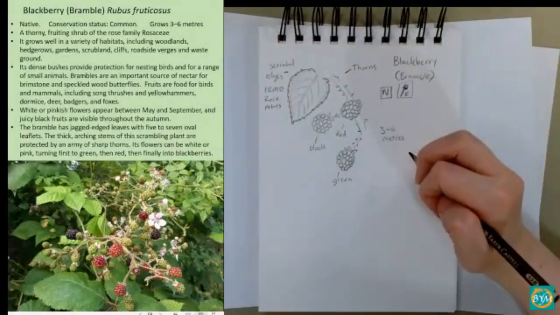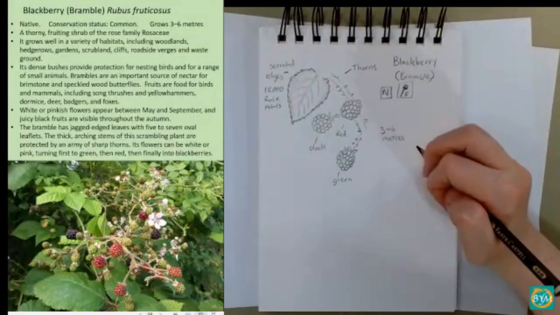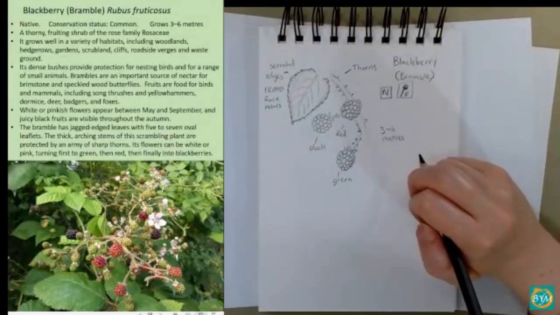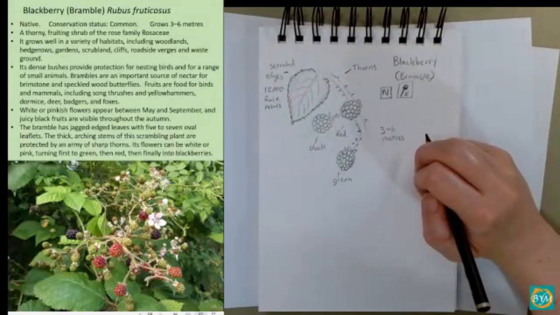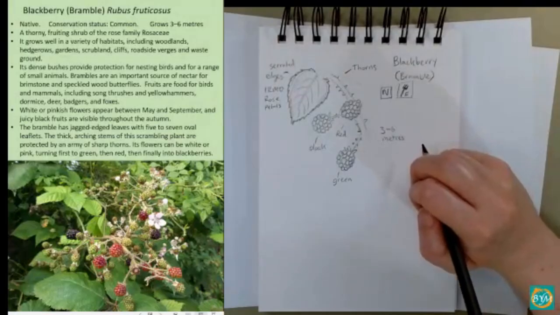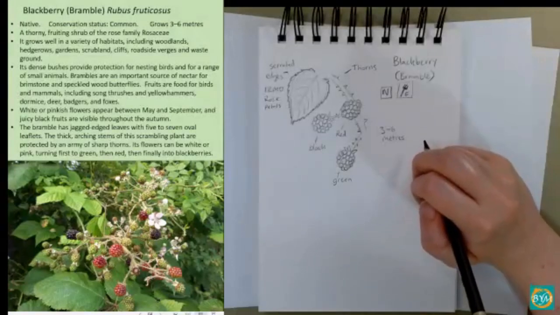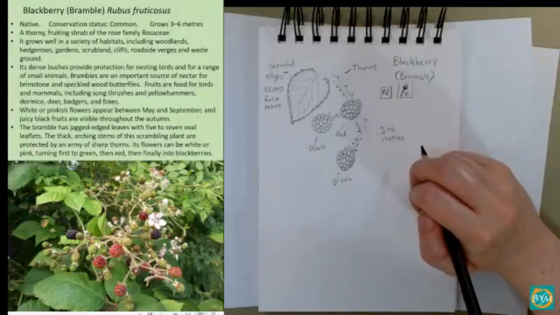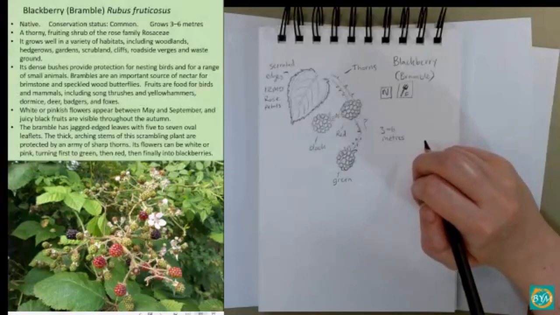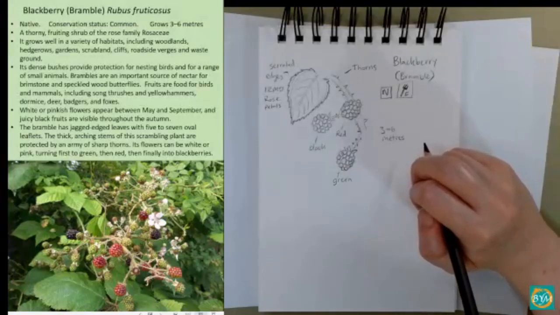And brambles can grow in a variety of different habitats. So you can find them in woodlands, hedgerows, gardens, shrubland, cliffs, roadside verges, any kind of waste ground. There's probably a bramble hiding somewhere with thorns for unsuspecting travelers.